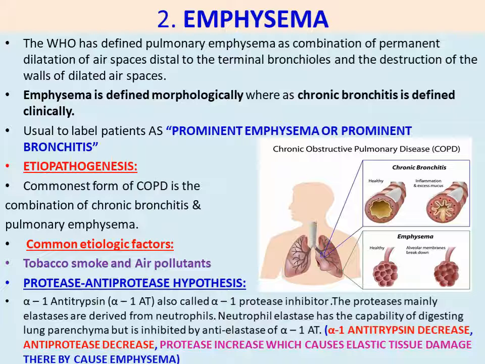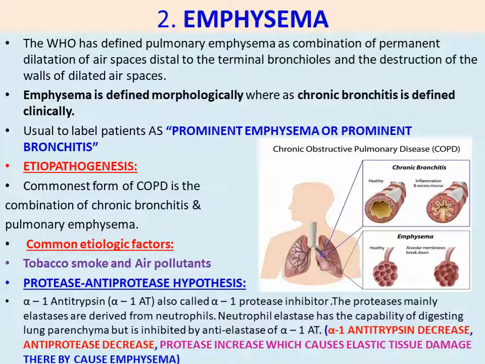Patients will be labeled as prominent emphysema or prominent bronchitis. Any patient coming to hospital will be identified this way. That means emphysema and bronchitis both occur simultaneously in a patient, so they give preference to whichever is maximum, prominent emphysema or prominent bronchitis.